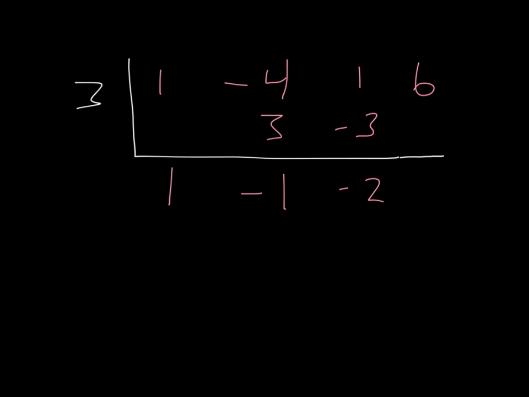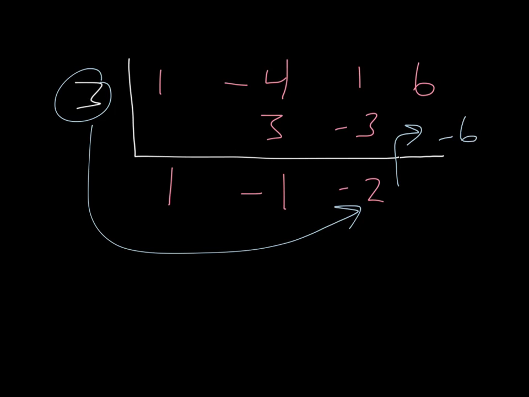Once again, we have this new value of negative 2, and we take our 3 and we multiply to get negative 6, and then we add down to get 0.